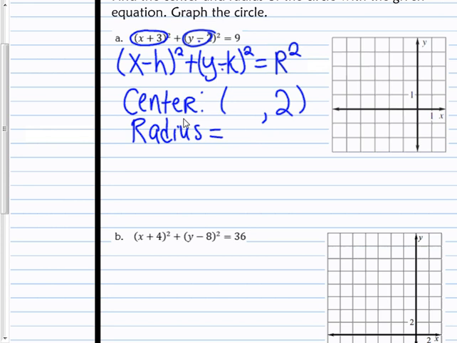However, the standard equation of a circle is x minus h, so if the x-coordinate was just 3, this should say x minus 3. But it says x plus 3, which means the x-coordinate actually has to be a negative 3. They must have plugged in a negative 3 as h in order for that negative sign to change to a positive sign. So the center's x-coordinate is negative 3.